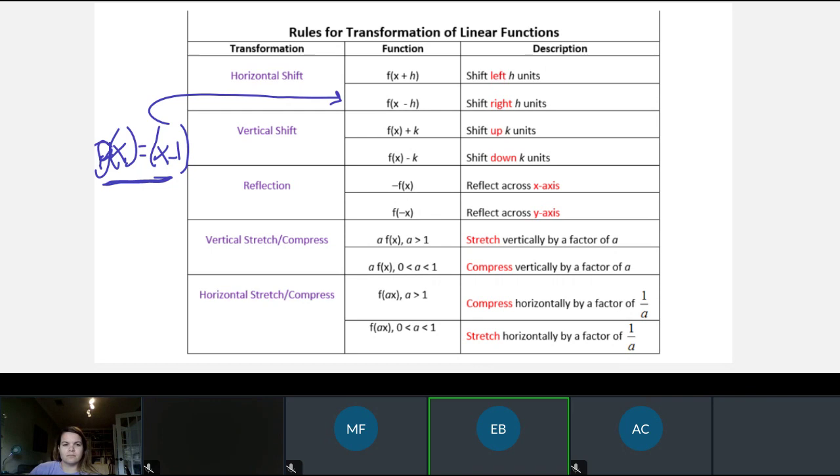So for my question, during the test I got confused on the shifting part. I watched a video of the shifting, but it was still confusing. So if it's in parentheses and you're adding or subtracting, you go left and right, and if there's no parentheses and it says f of x plus 5 or something, is it up or down? Correct, up or down.